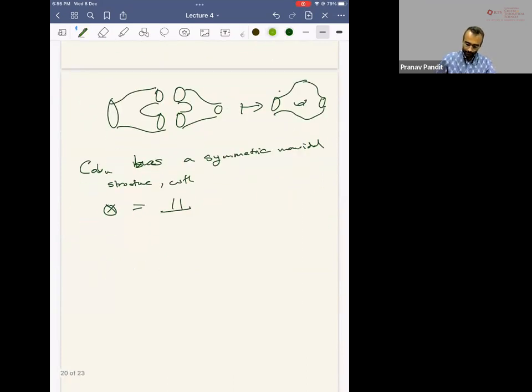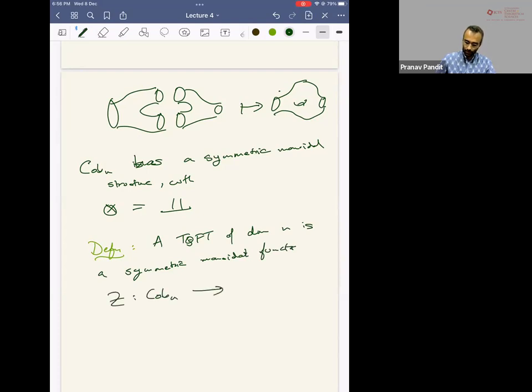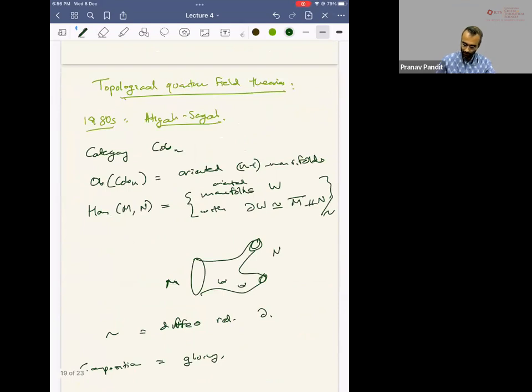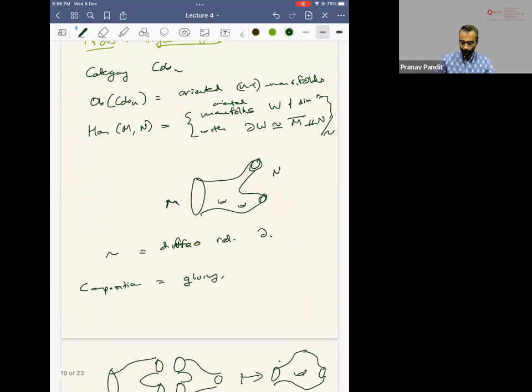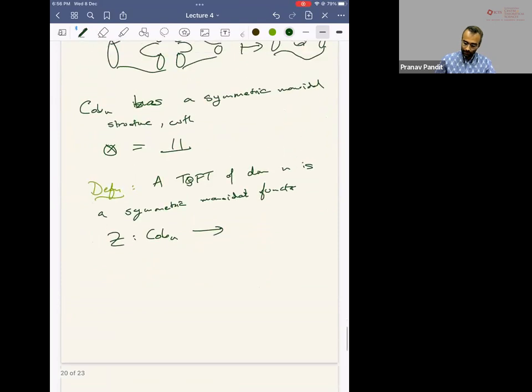So here's the definition: a TQFT of dimension n is a symmetric monoidal functor Z from Cob_n to, oh sorry, I should have said here that W is of dimension n plus 1. So it is a functor Z from Cob_n with this disjoint union to vector spaces with the tensor product. Okay.